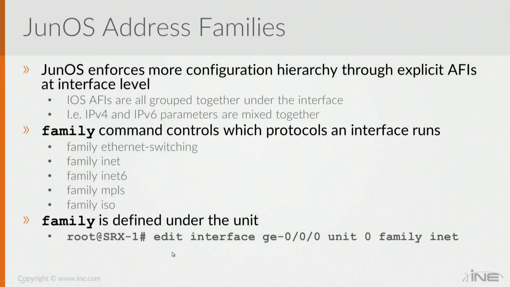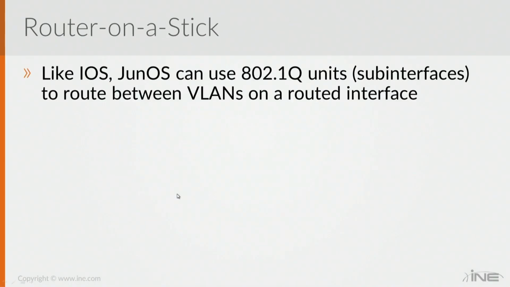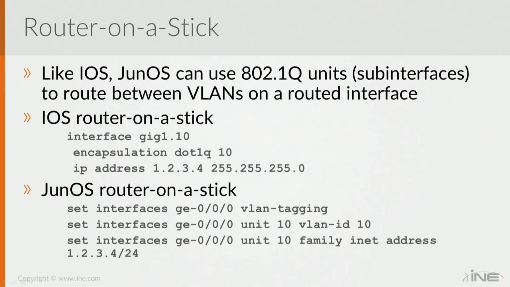Now, from a configuration point of view, in IOS versus Junos, when we're doing multiple subinterfaces, we're getting the same end result: we're using a single physical interface to do routing between multiple layer 2 segments, and we're doing that by creating multiple units. So in the case of IOS, we say encapsulation dot1q 10.